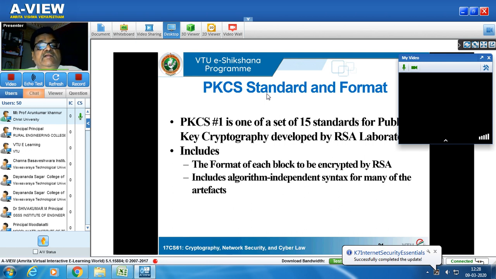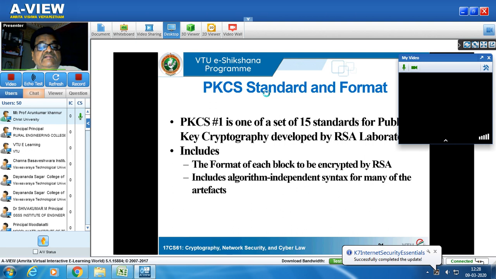PKCS number 1 is one of a set of 15 standards for public key cryptography developed by RSA Laboratories. There are 15 standards that have been recommended by RSA. It is the first standard, number 1, within PKCS.